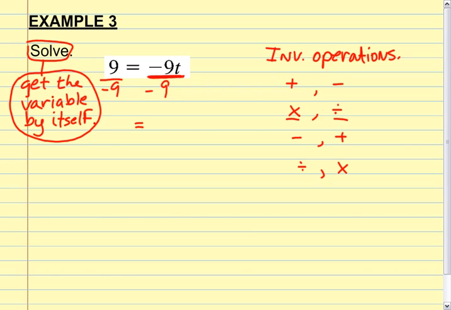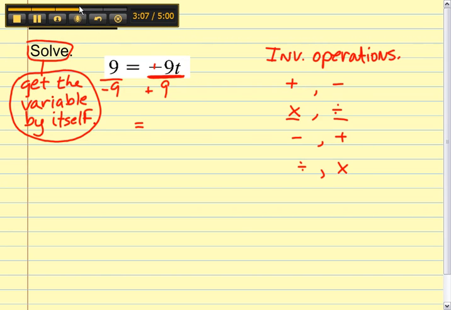It is 1. And the reason is I have 2 negatives. You saw it in this division problem because a fraction is a division problem, isn't it? How many negative signs are in the division problem? 2. So that means my answer will be positive. So I get 1t. They just cancel each other out.